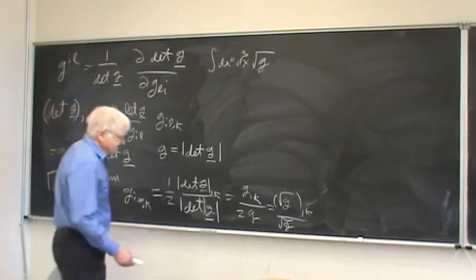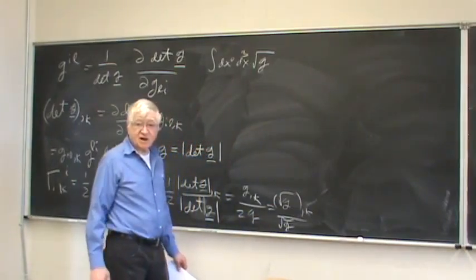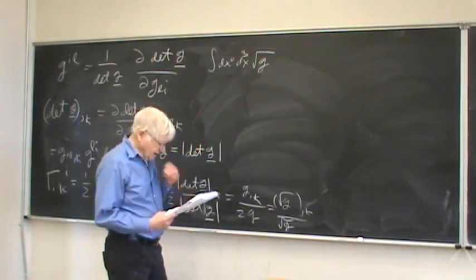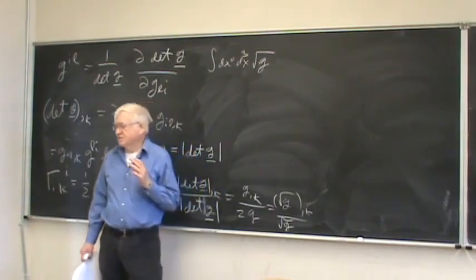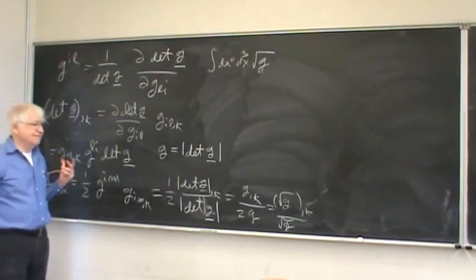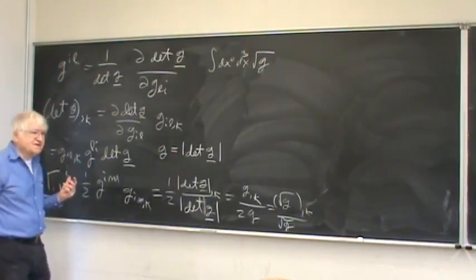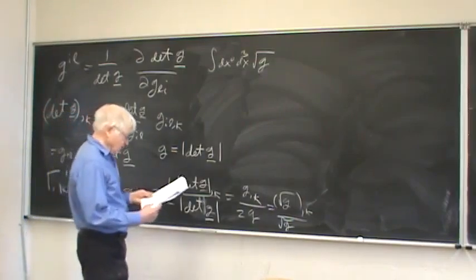Now, you see this funny thing here, square root of G comma K over square root of G. You've seen that, remember when I told you what Maxwell's equations look like in general relativity? They're almost the same as the original Civil War era Maxwell equations.